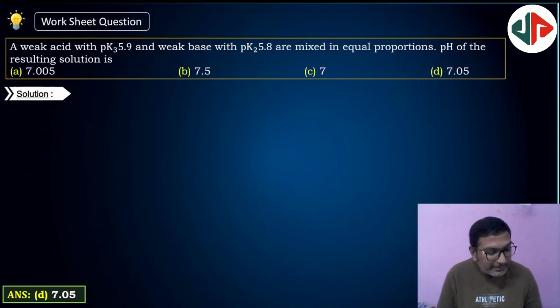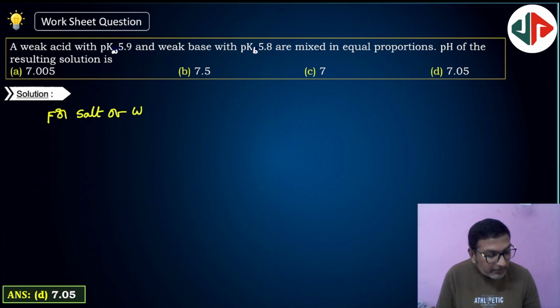Next. For the weak acid, pKa is given, and for the weak base, pKb is given. The pH of the resulting solution is for a salt of a weak acid and weak base.